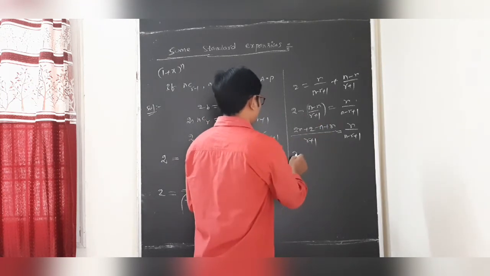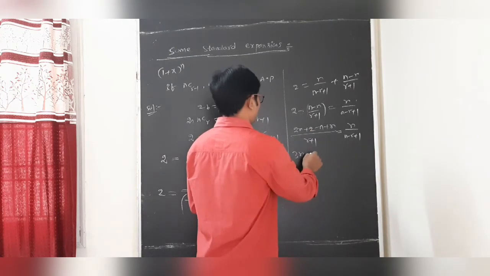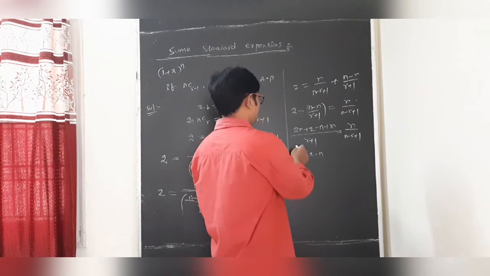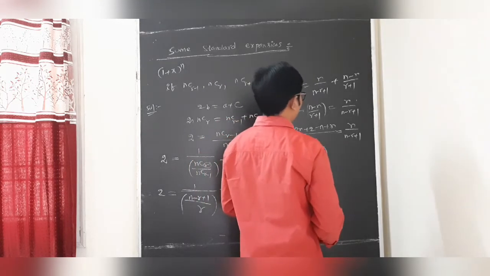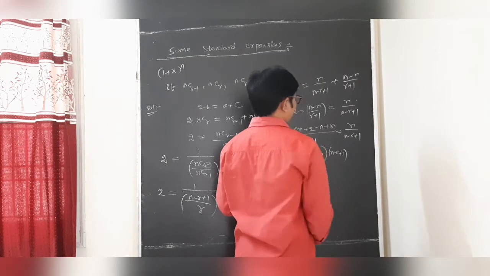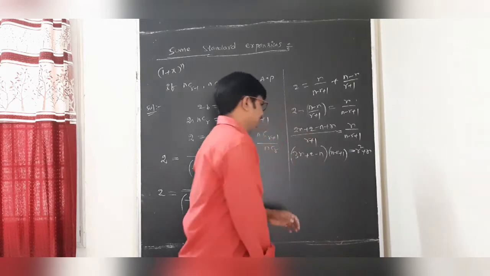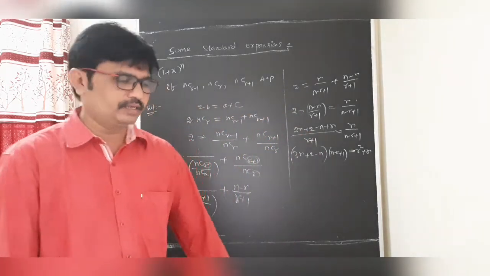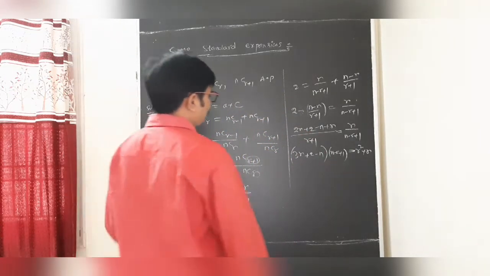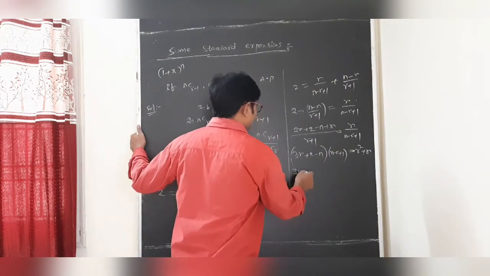So now this is 3r. After then plus 2 minus n into (n minus r plus 1). After then this is r square plus r. Now students, you have to multiply with first n: this is 3nr.